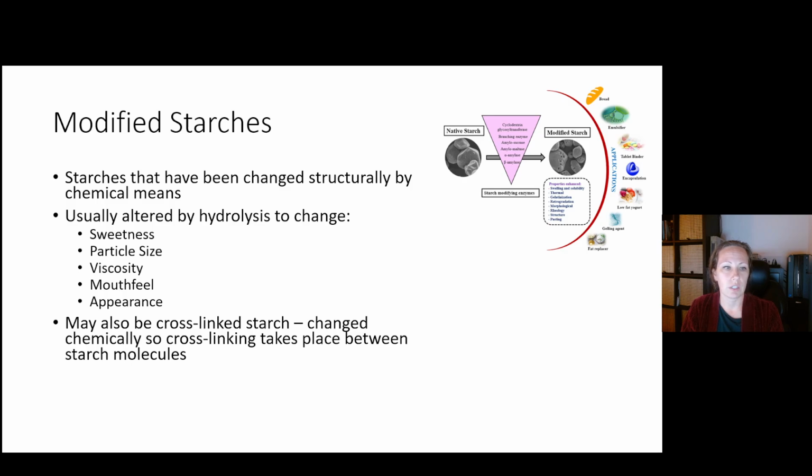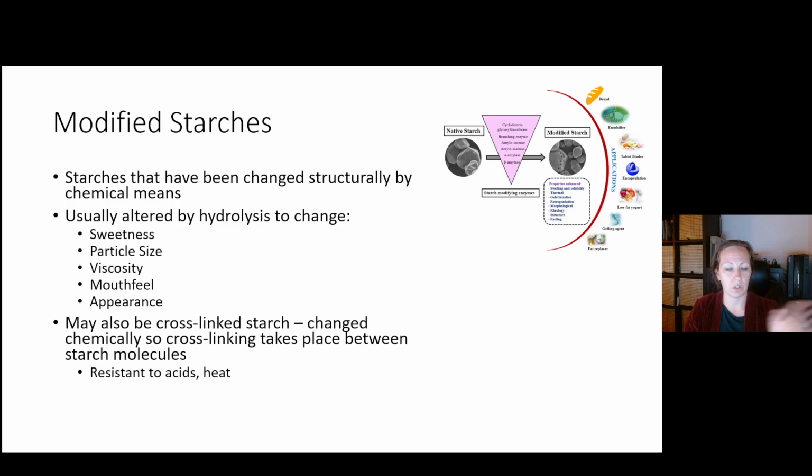Now, a special type of modified starch that the book talks about is cross-linked starch. For this type of starch, the starch has been changed chemically so that it is actually cross-linked between starch molecules. The reason that they would do that is, we've talked before about how starches and gelation properties can be affected by acids, right?